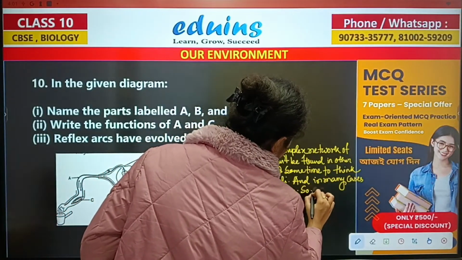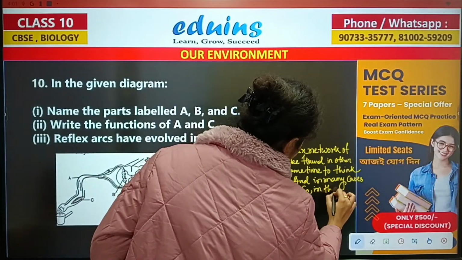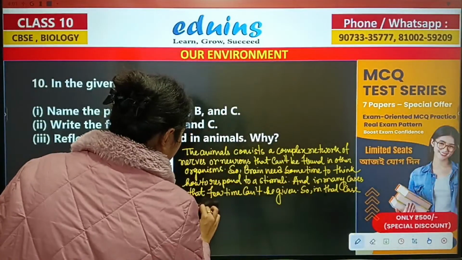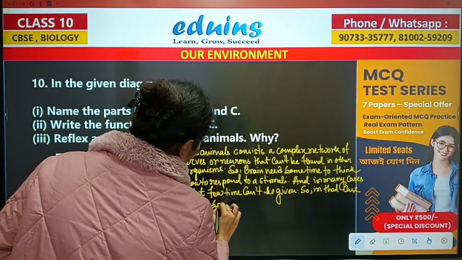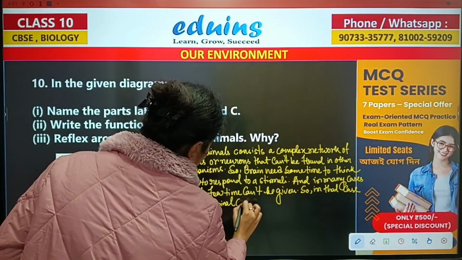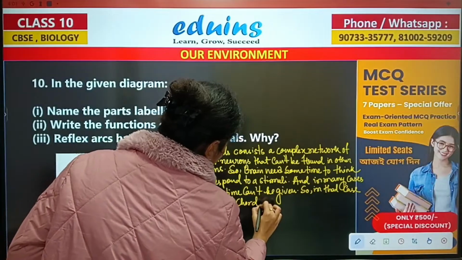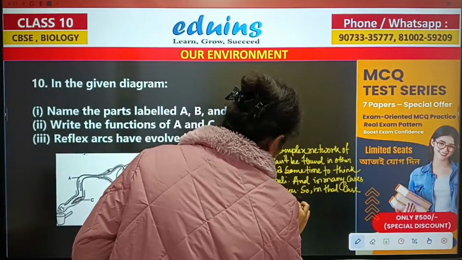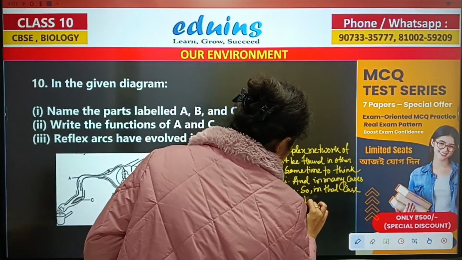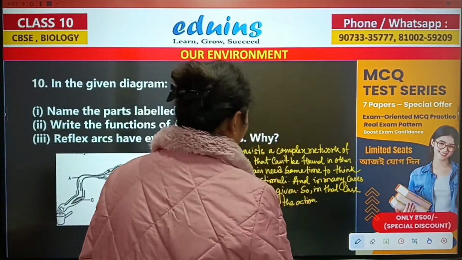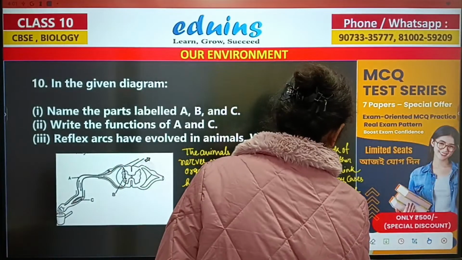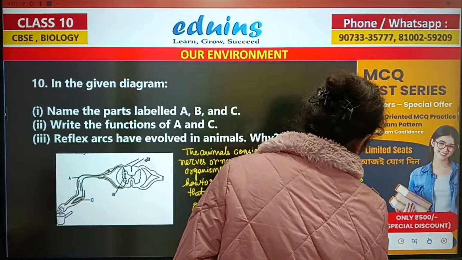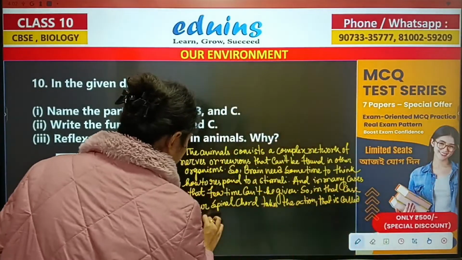So in that case, our spinal cord takes the action, that is called the reflex arc.